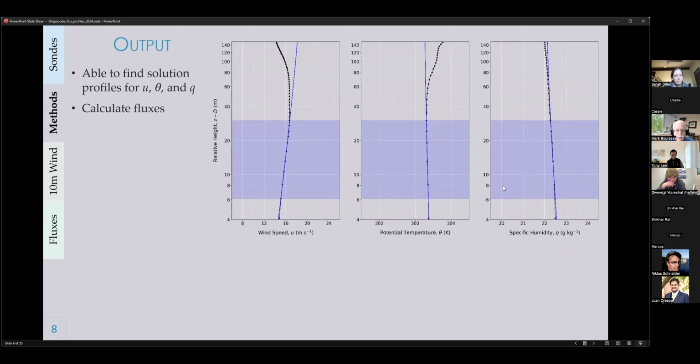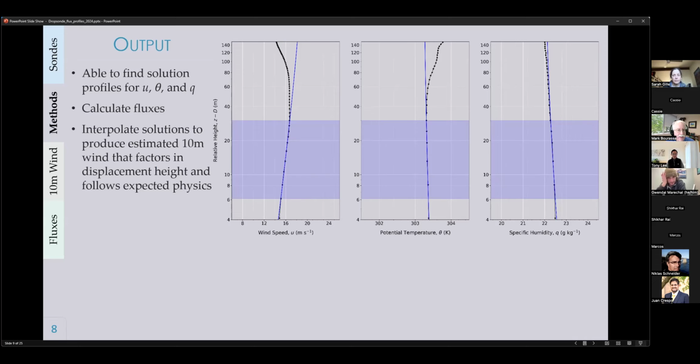And we can use this method to select the log layers. And we find that they're often not going down to the surface, as we would expect. So there's something else going on below that. And we can interpolate these to 10 meters and get a height.